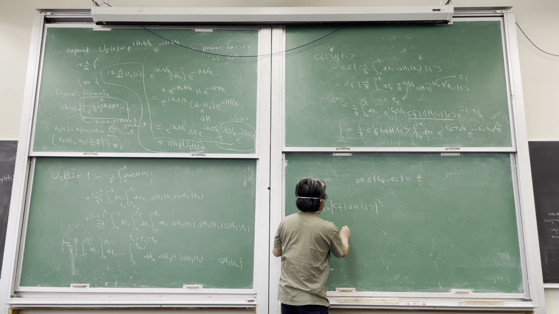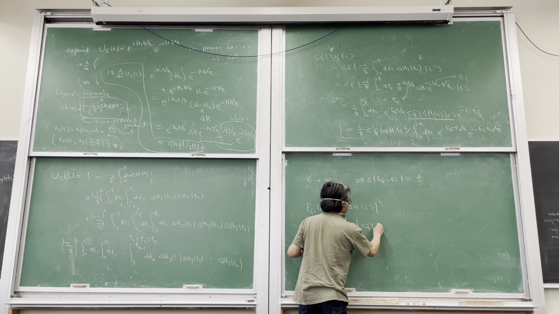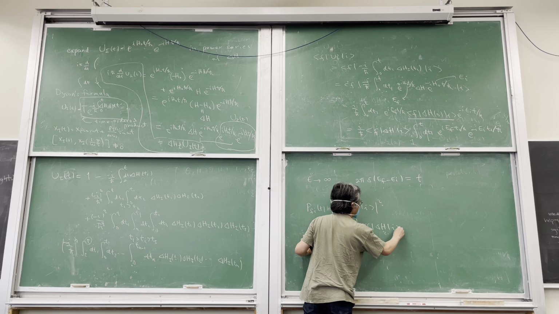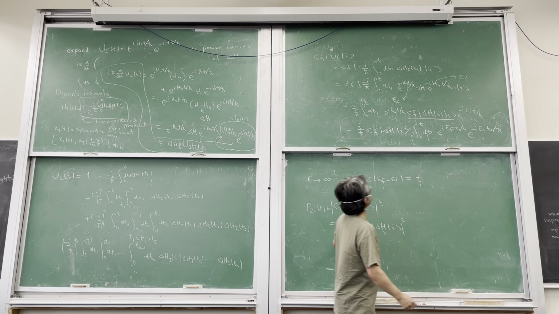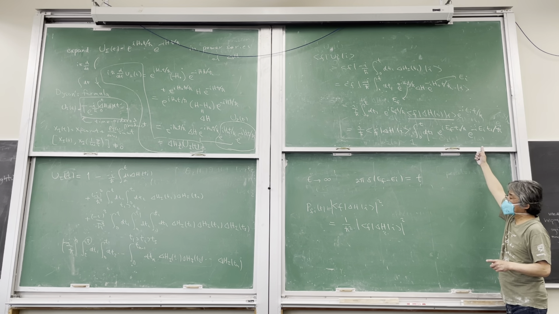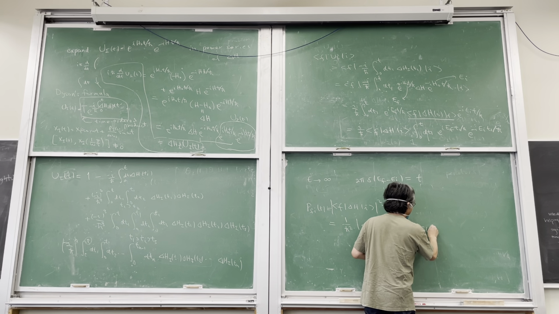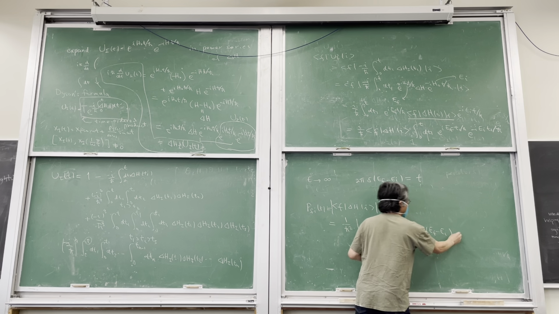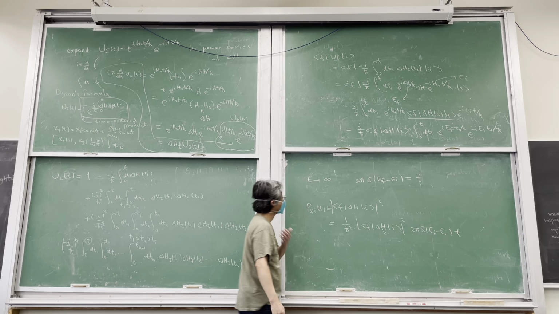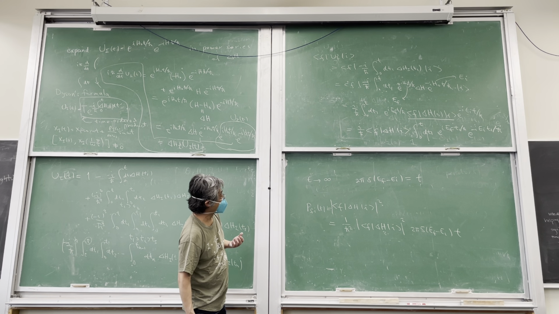I take the absolute value. Then I have twice this integral. So I assign one of the integrals to be this delta function, and the other part of the integral to be time. And I'm not sure about the factor of h bar here.